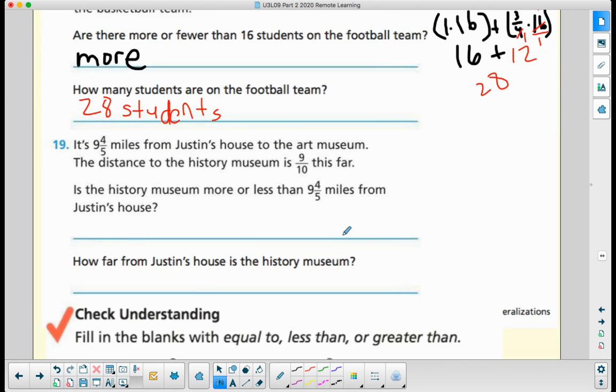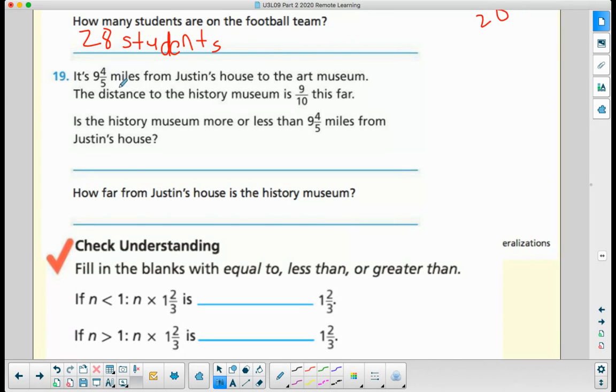19. It's 9 4/5 miles from Justin's house to the art museum. The distance to the history museum is 9/10 this far. So it's not a whole amount as far. It's less than one whole amount. Is the history museum more or less than 9 4/5 miles?